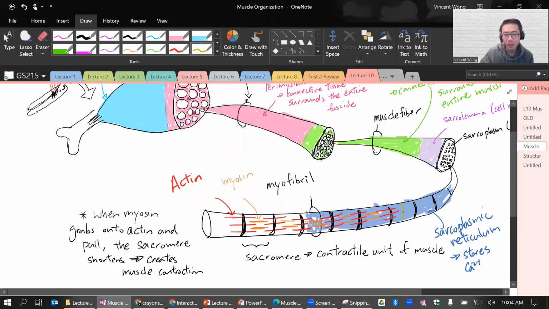Every now and then along the sarcoplasmic reticulum, there are these channels. Okay, they're called the T tubules. We'll come back to them later.